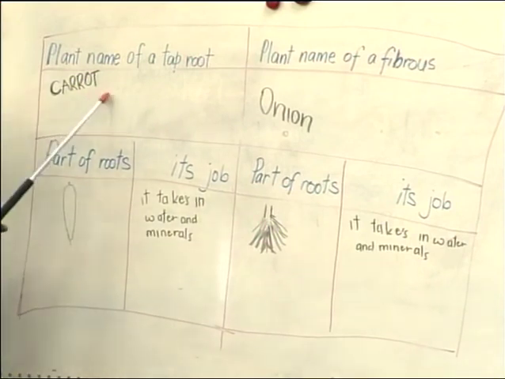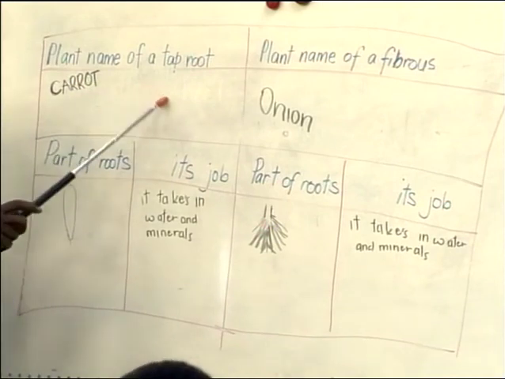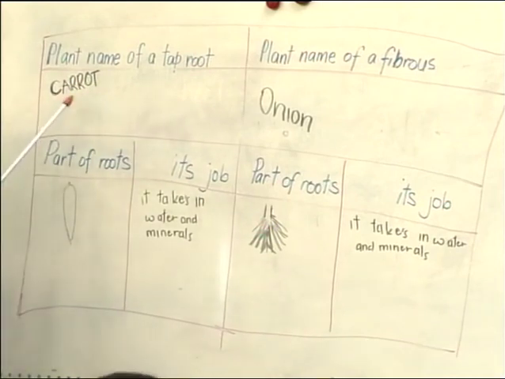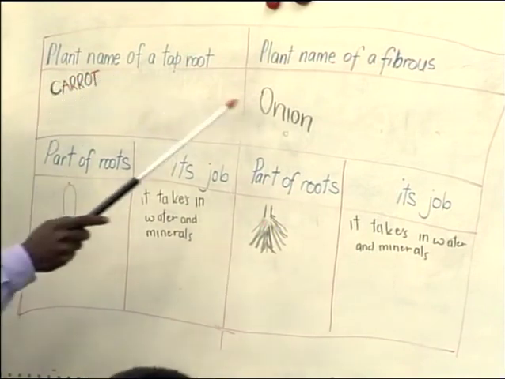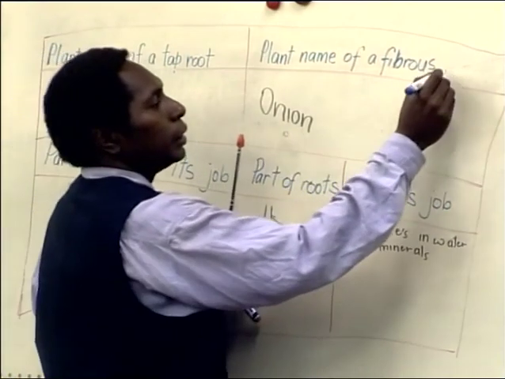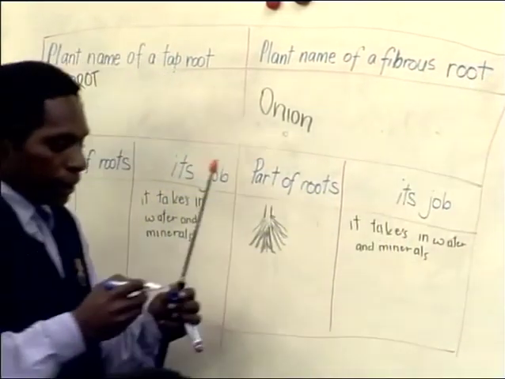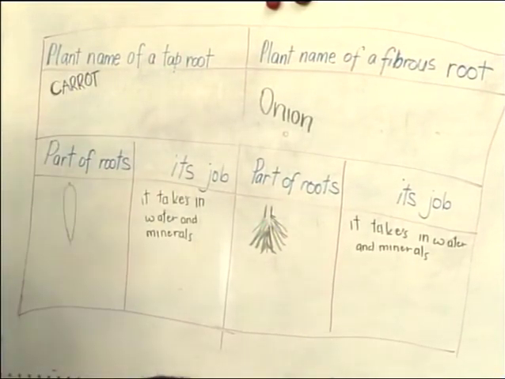Okay, the name of the taproot that they saw on screen there was the carrot. I hope you got carrot there. And the plant name of the fibrous root was the onion. Some put down grass, which is okay, but the actual picture is of the roots of an onion.